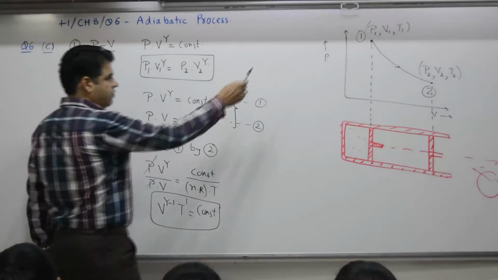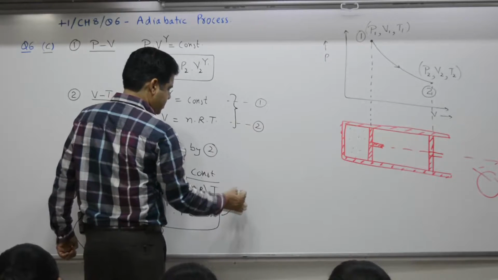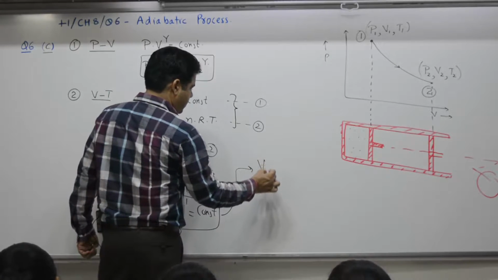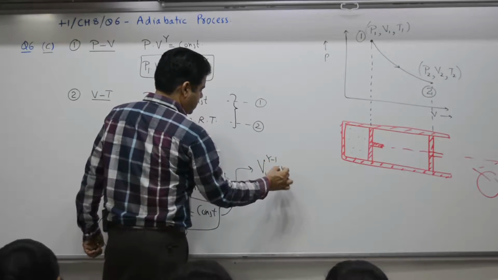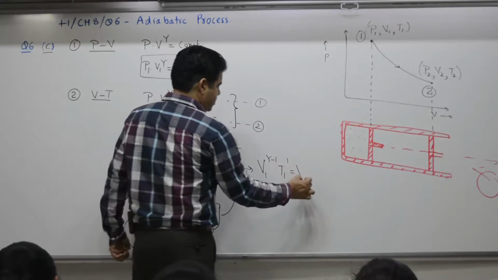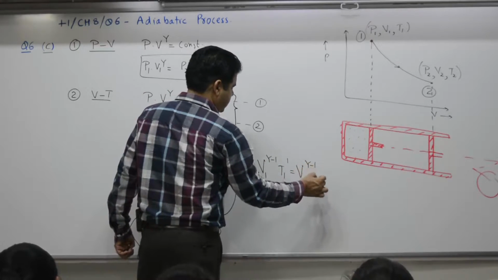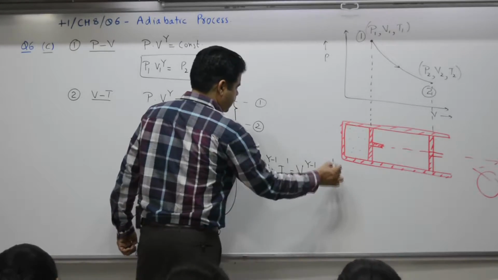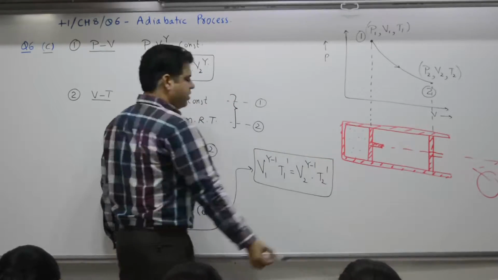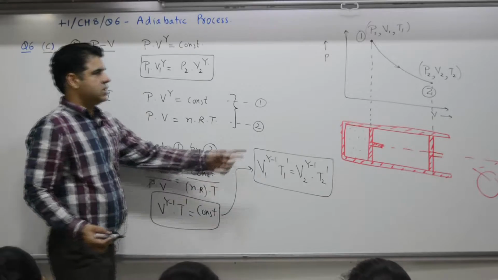That means from 1 to 2, what you get is V1 to the power gamma minus 1, T1 to the power 1 is equal to V2 to the power gamma minus 1 into T2 to the power 1. This is what you get between any 2 points on adiabatic process.